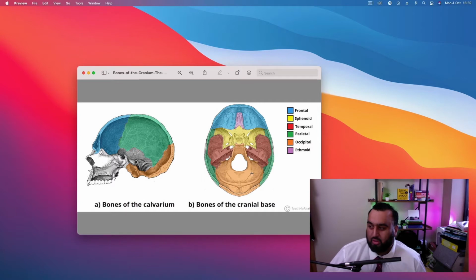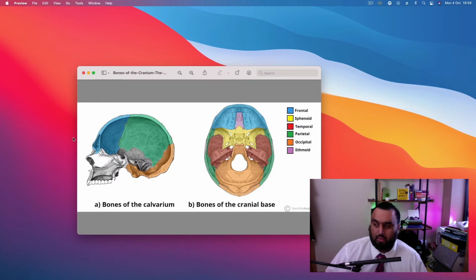You've got the occipital bone here, all joining together to make the cranial base. The cranial base articulates with the first cervical vertebra, known as the atlas, and the facial bones, and the mandible, the jaw.